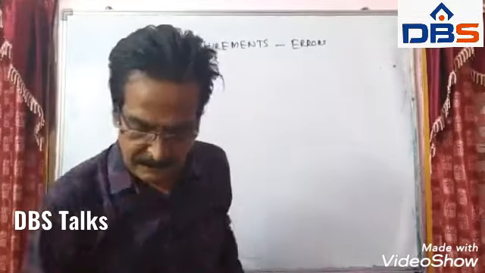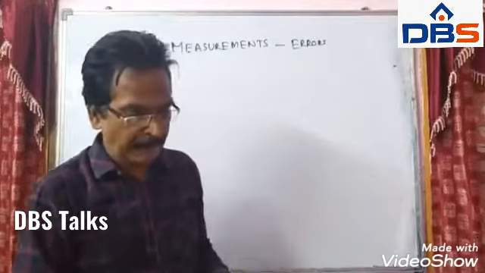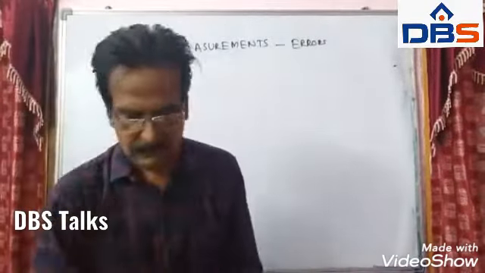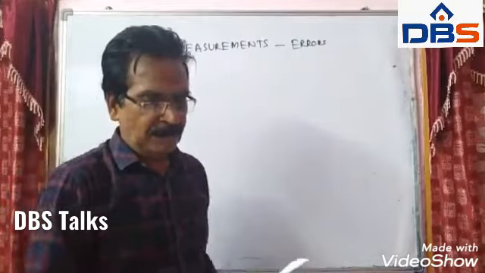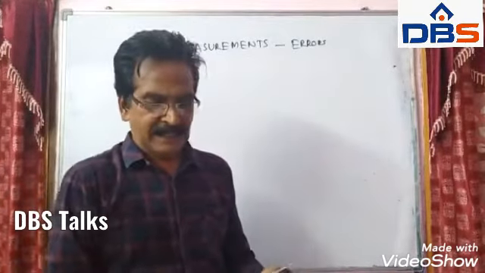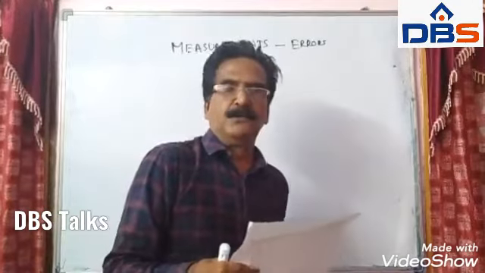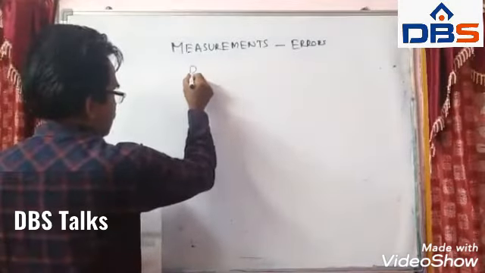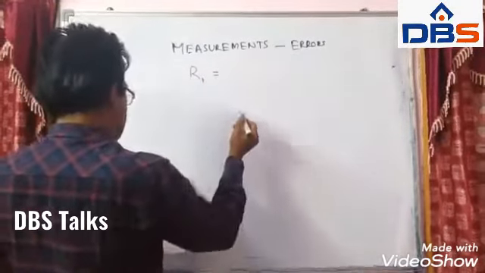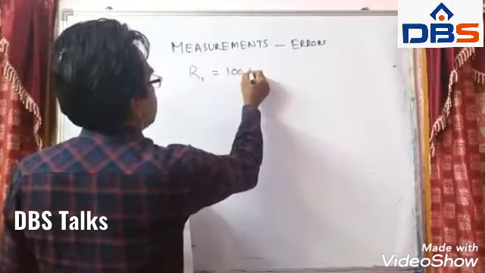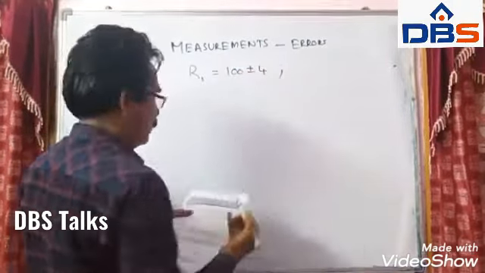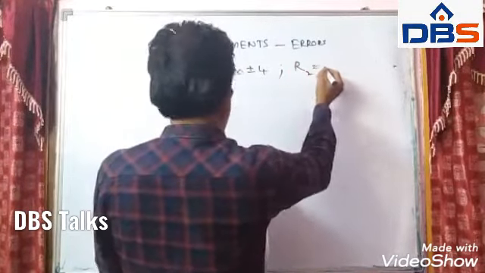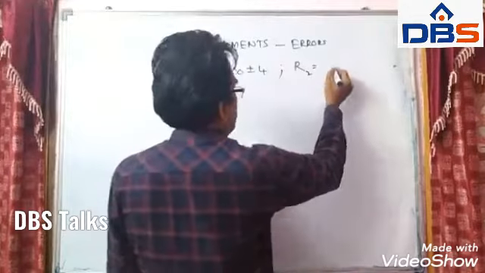Okay friends, our next problem is: for two resistors of resistances R1 is equal to 100 plus or minus 4 ohms and R2 is equal to 400 plus or minus 2 ohms.